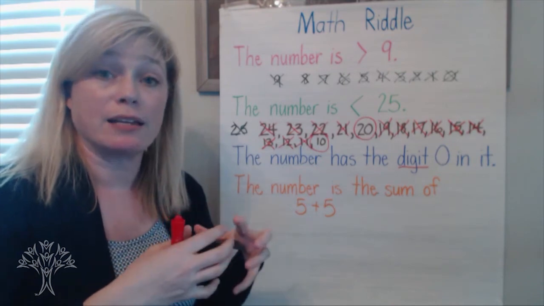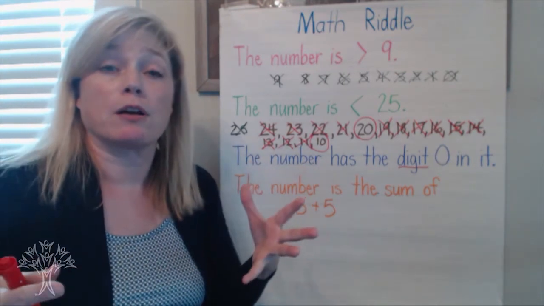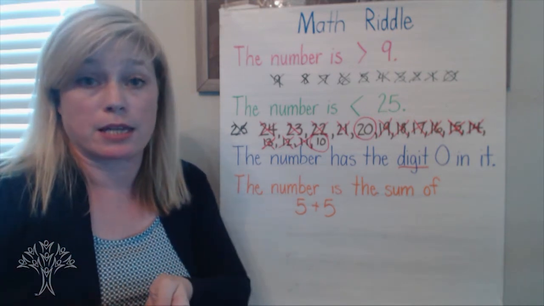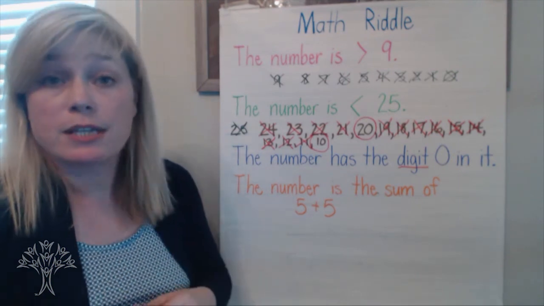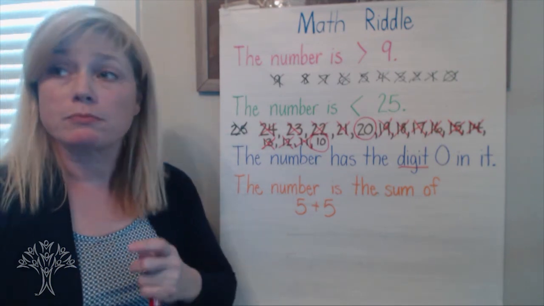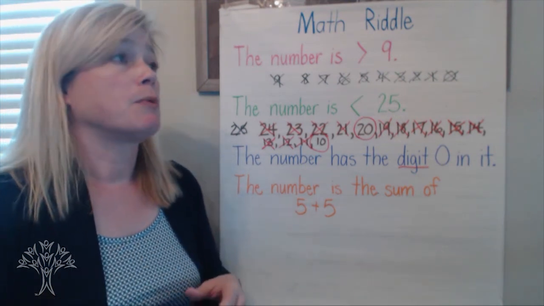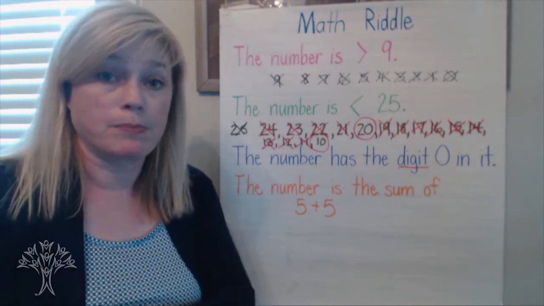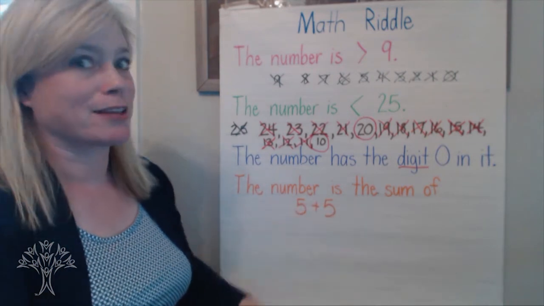When we add things together, it's the total amount of what happens when you add all those things together. So maybe you're adding 2 things together, or 3 things together, or more. And it could be numbers, amounts, or items, but whatever that answer is, another way to say answer is sum. So the number is the sum of 5 plus 5.